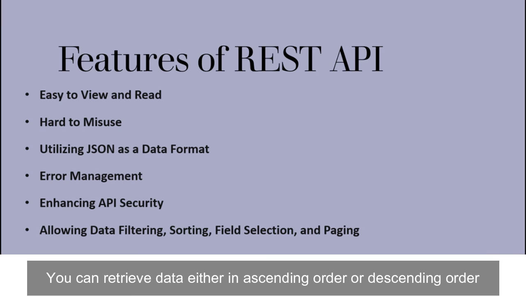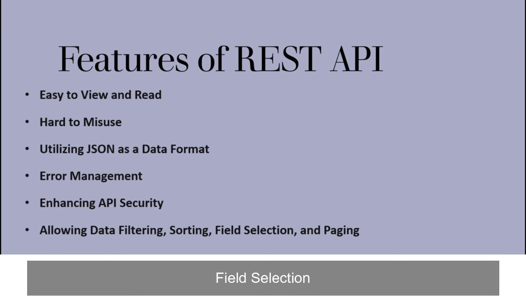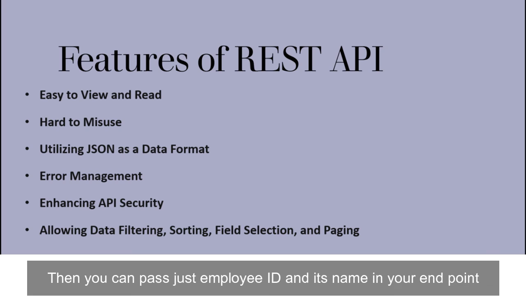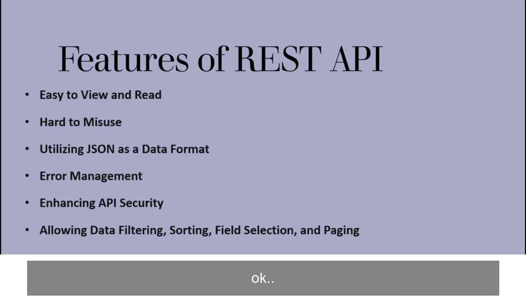Sorting, you can retrieve data either in ascending order or in descending order. Field selection, suppose your JSON contains a lot of fields like name, designation, class, owner, manager, roll number. Suppose you want to retrieve just the employee name and its ID, then you can pass just the employee ID and name in your endpoint, so that you get the effective information.